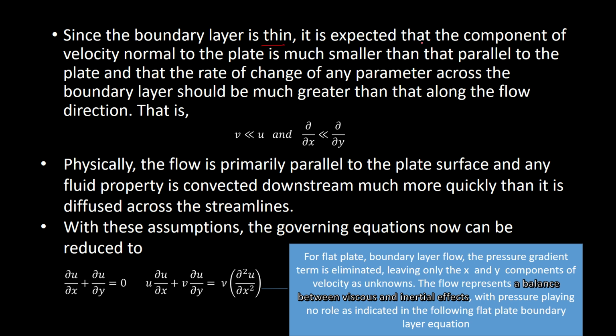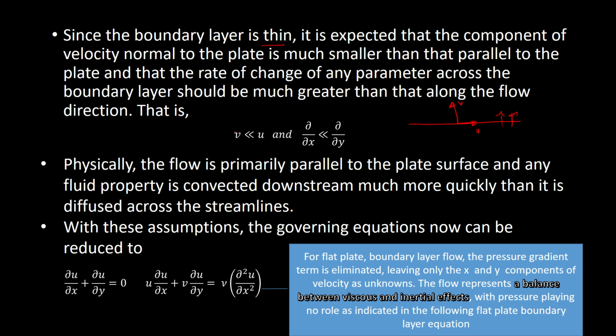So it is expected that the component of velocity normal to the plate, there are two components of velocity, u and v, normal to the plate is much smaller than that parallel to the plate, and that the rate of change of any parameter across the boundary layer should be much greater than along the flow direction.